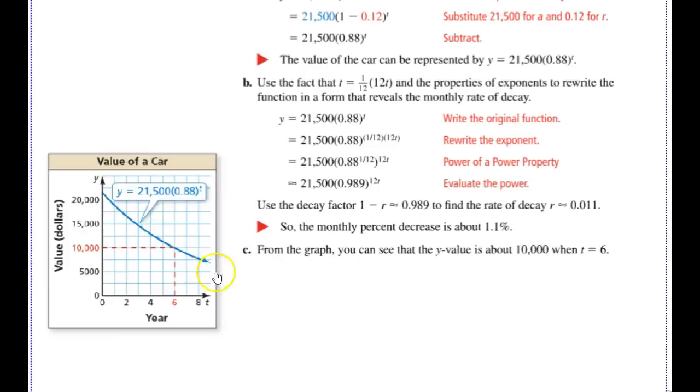So now I can look at the graph, and again use Desmos to graph your function, and we'll see what it looks like. Approximately in 6 years, so when t equals 6, my car will be worth approximately $10,000. We can also figure this out using our equation. If we put 6 in as t, we'll still get the same answer as we look at from the graph.